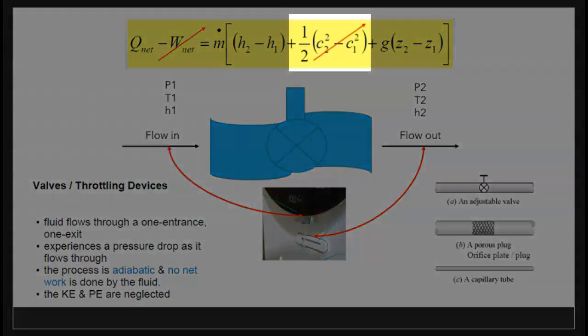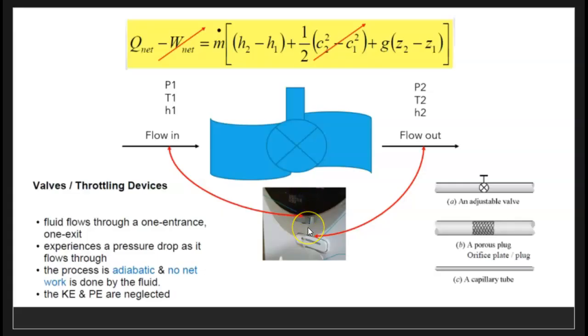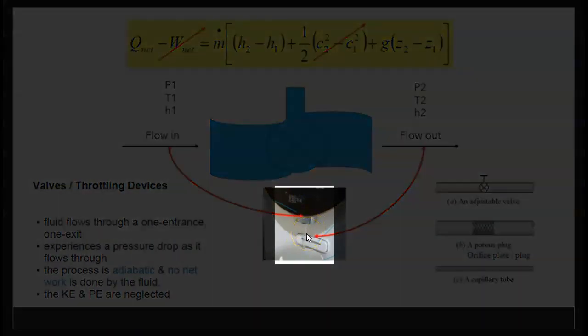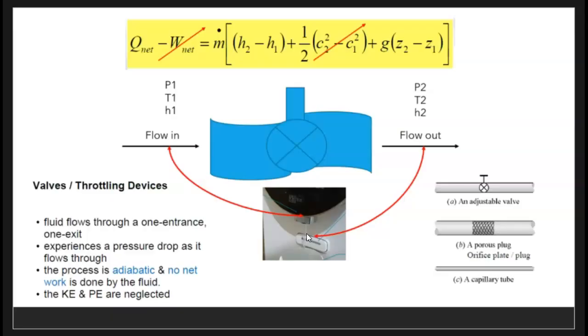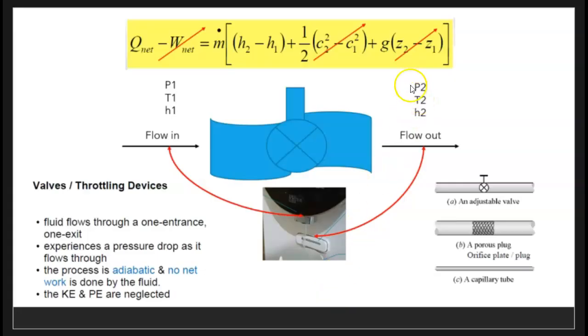And we also can cancel out the term of kinetic energy, since if we treat this flow as very minimal and slow, it's not going to have any significance due to the flow. And also we can cancel out the datum because it doesn't have any significance as well, like the kinetic energy.